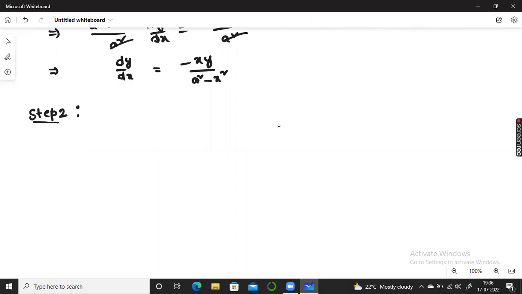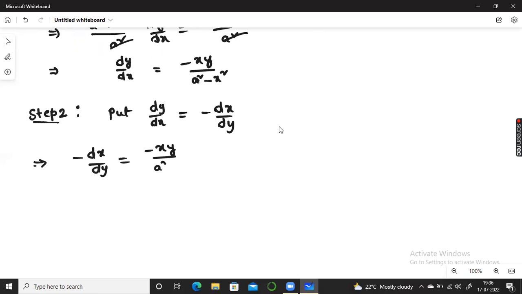So put dy by dx is equal to minus dx over dy. So the equation becomes minus dx over dy is equal to minus xy over a square minus x square.